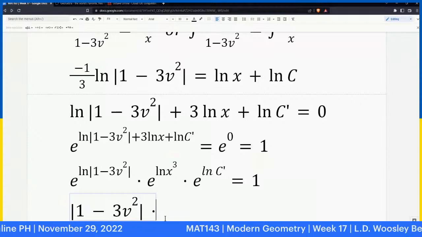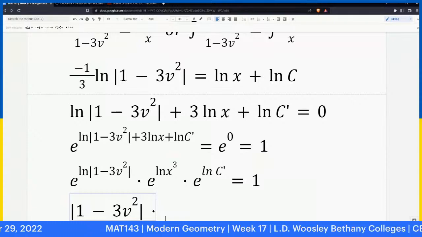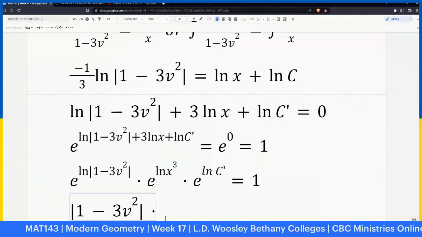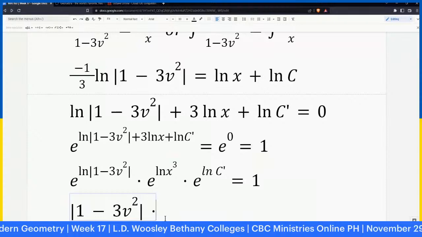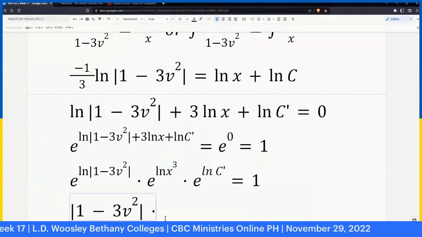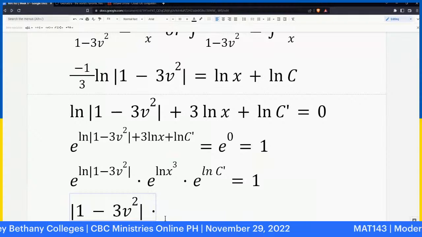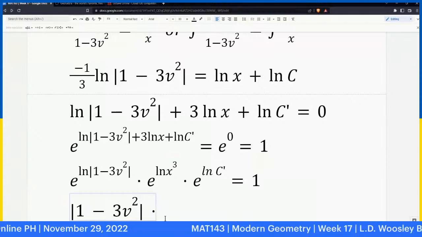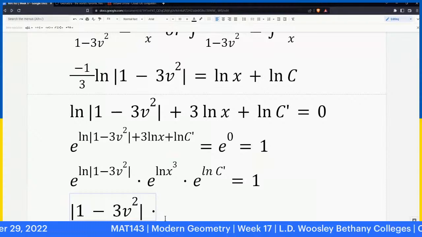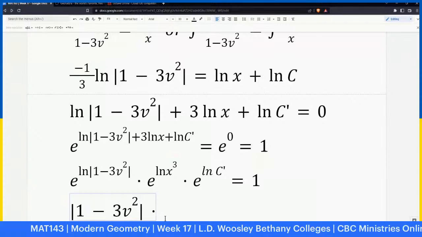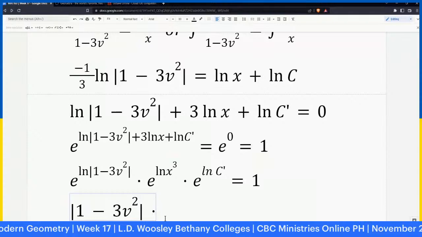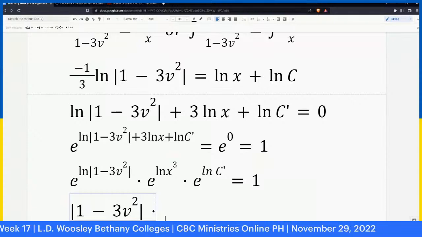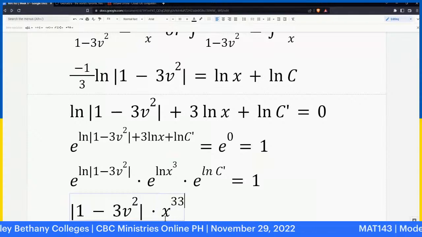Sir, paano po siya naging x cube, sir? Those are opposite process eh. X cube. Binalik mo. Laws of logarithm, Micaela. Binalik ko lang. Ln of x cube, 3 ln x. Di ba? Laws of logarithm yun. Para makancel yung e sa ln. So magiging x cube na lang.